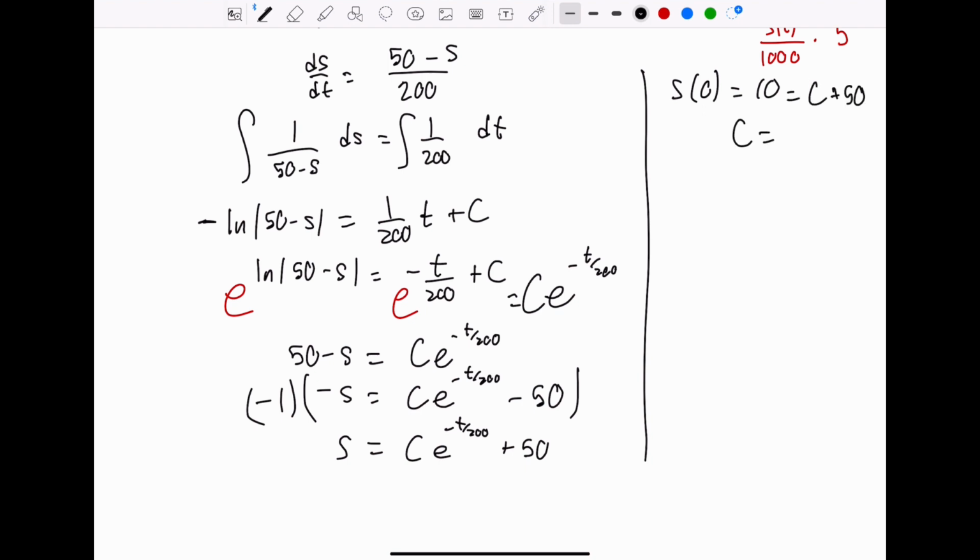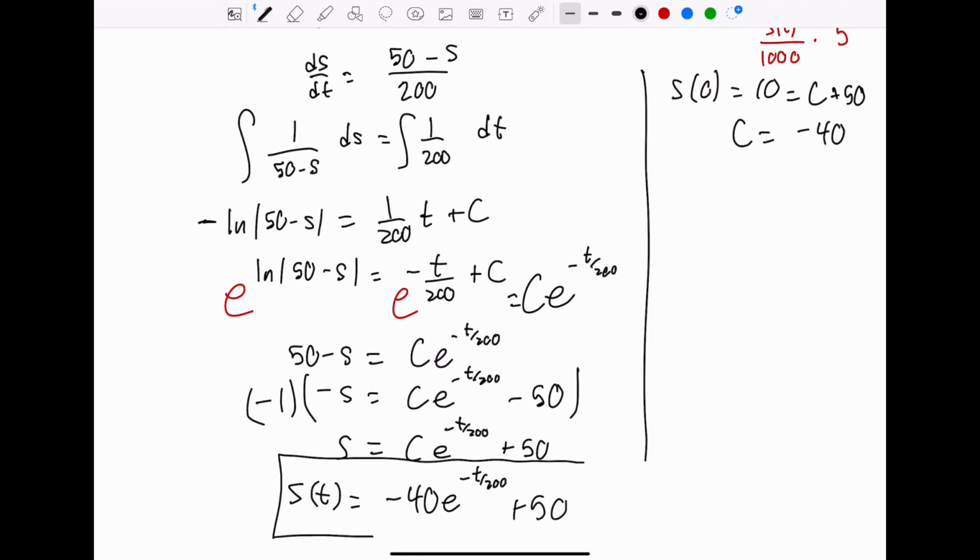Solve for c, and we get c equals 10 minus 50, negative 40. So here is the answer. The amount of salt in the tank at any time t is negative 40 times e to the negative t over 200 plus 50. This function describes exactly how much salt is in the tank at any time t.